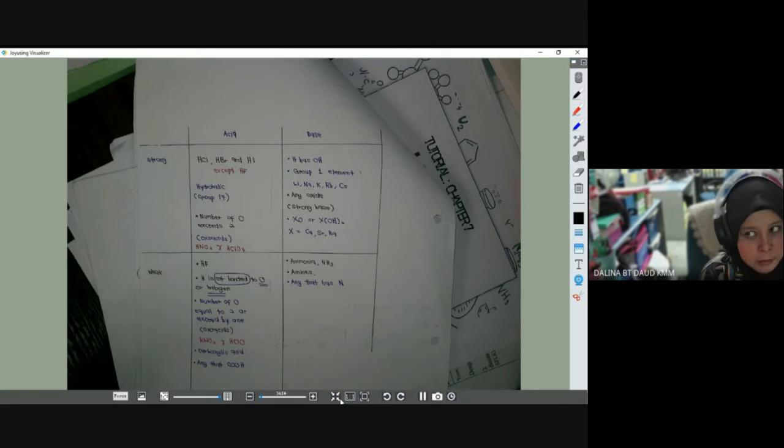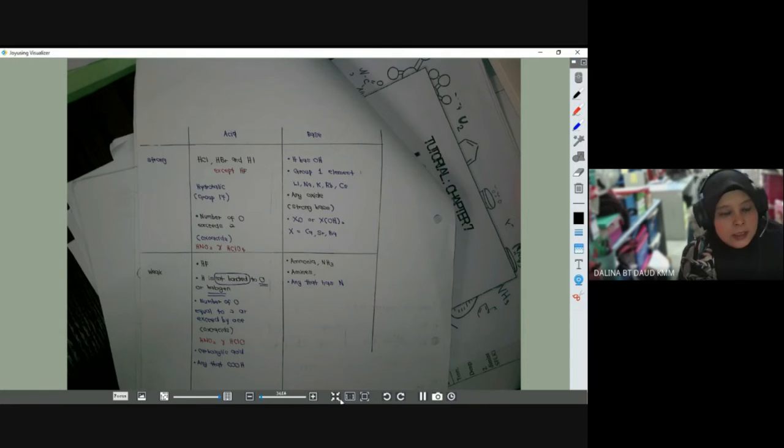Sebab apa kita perlu kenal siapa strong, siapa weak? Sebab kita nak buat kira pH. If you cannot determine what is the type of substance, so we cannot determine the suitable procedure to calculate pH.